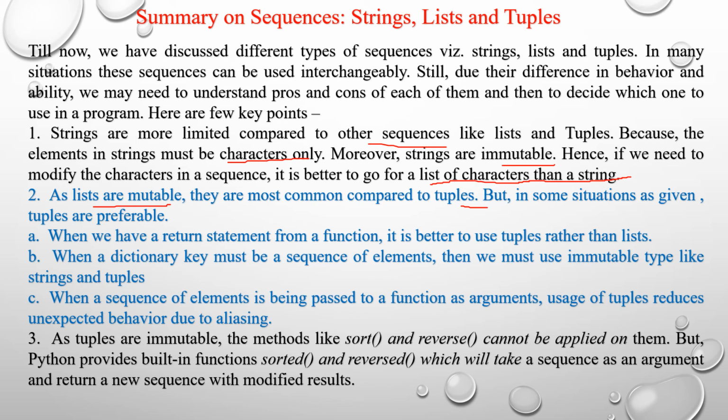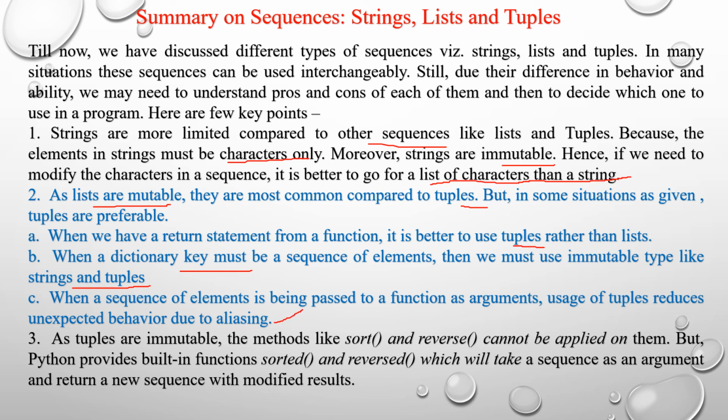When we have a return statement from a function, it is better to use a tuple rather than a list. When a dictionary key must be a sequence of elements, then we must use the immutable types, strings and tuples. When a sequence of elements is passed to a function as an argument, the usage of a tuple reduces unexpected behavior due to aliasing.